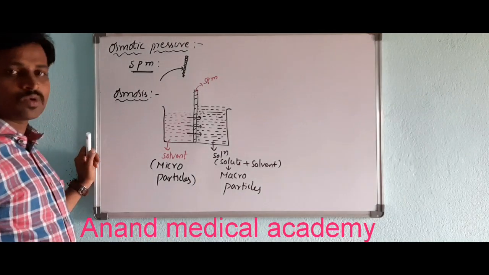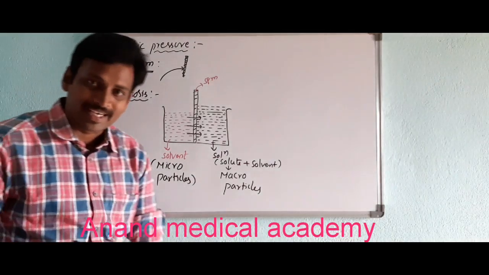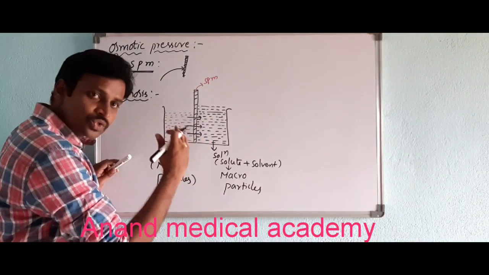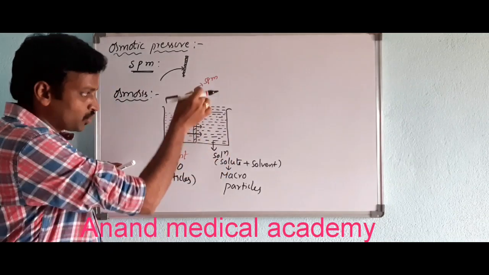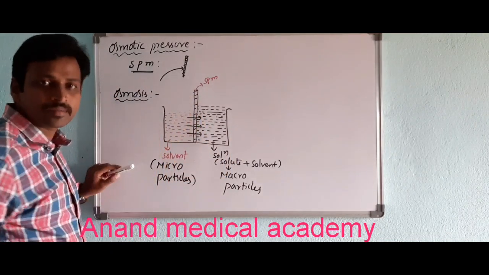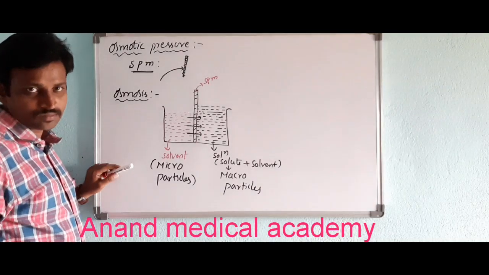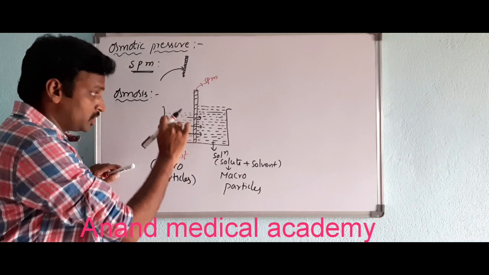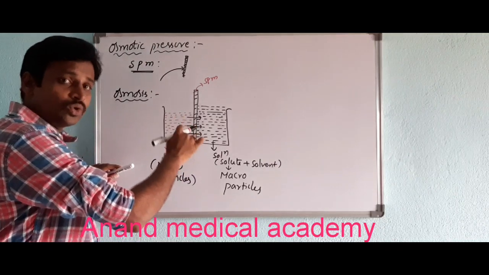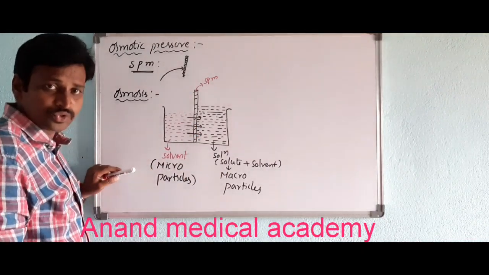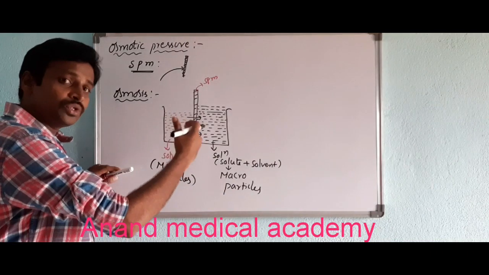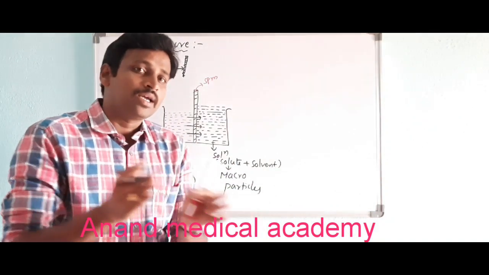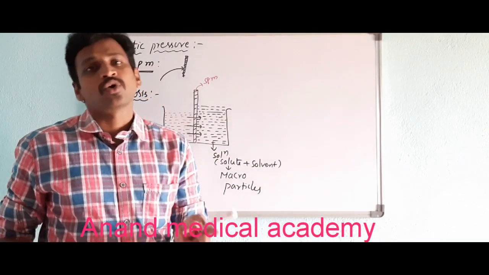So what is osmosis? If you want, we can define it. The flow of solvent from solvent to solution through a semi-permeable membrane, or the flow of solvent from low concentrated solution to high concentrated solution. Why, sir, low to high? Low concentrated means more solvent.